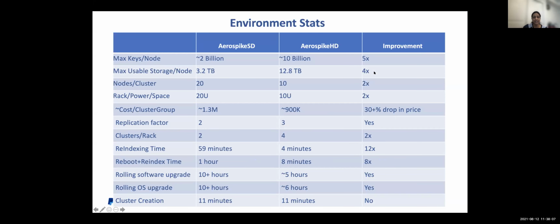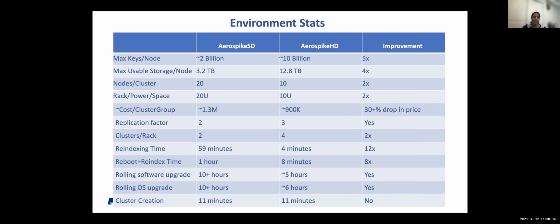With this increase in density, we are also storing more keys per node. Earlier the number of keys used to be 2 billion, which has now increased to 10 billion, a 5x improvement. With this, we require fewer nodes per cluster for storage. The number of nodes has reduced from 20 to 10, which is again a 2x improvement.